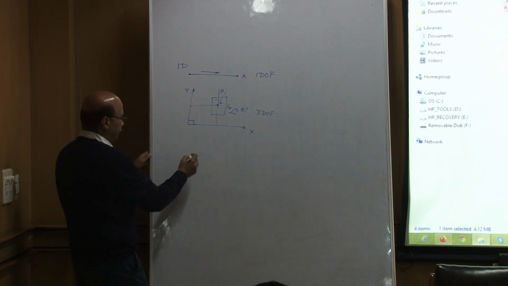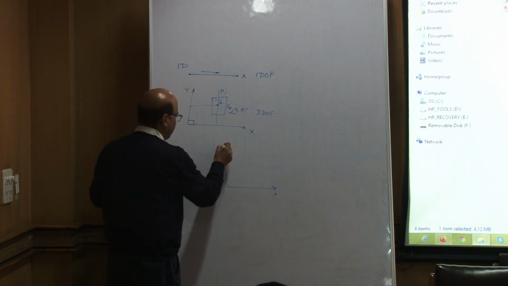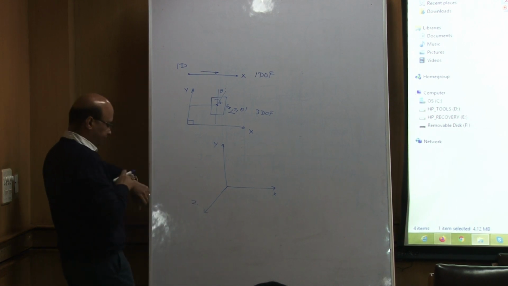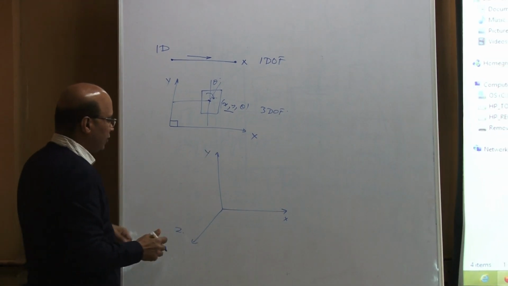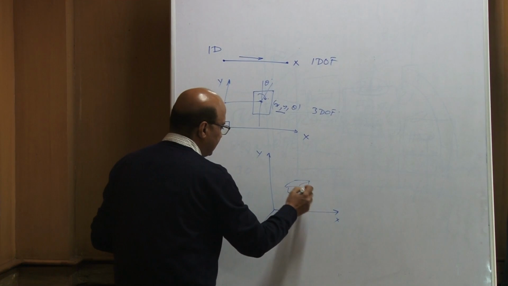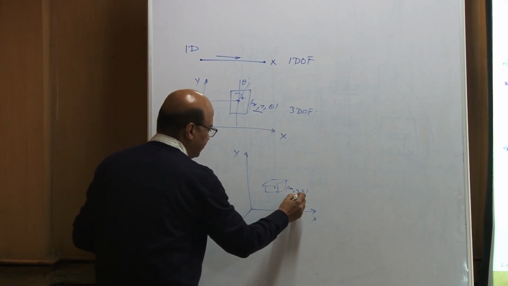Now if I say 3D, then this is my xy, and this is my z direction, right? This is z. Now what is the meaning of this? This means that if you have a body here, it can have x, y, and z, plus it has 3 angles, 3 thetas.